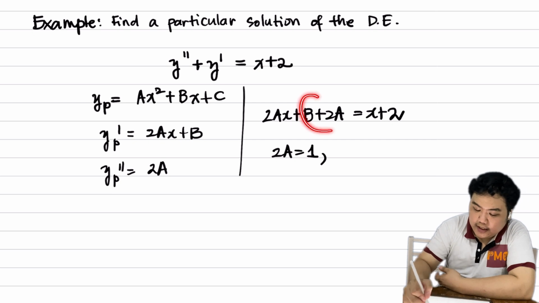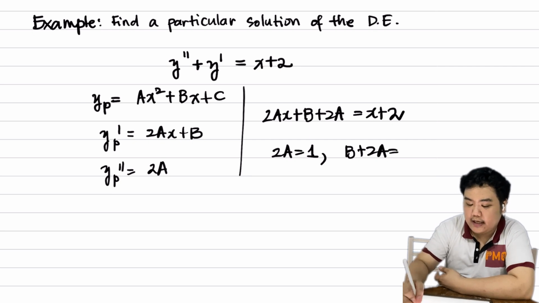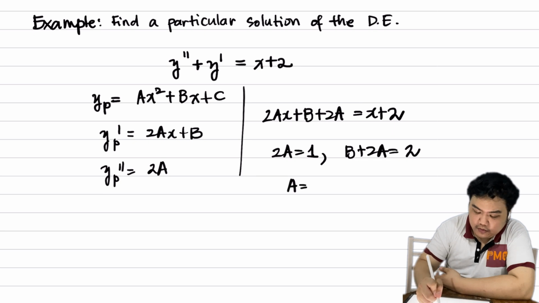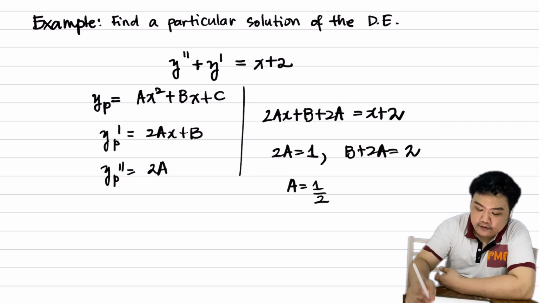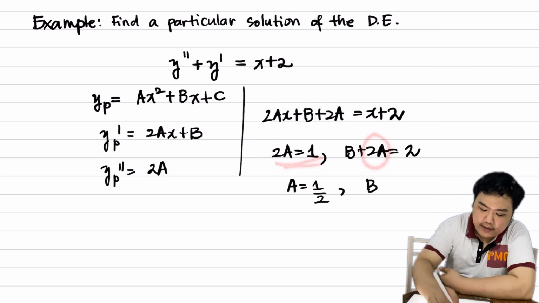Tapos yung mga constant, ito yung constant mo. b plus 2a equal to, yung constant sa right, which is 2. a equal to 1/2 from this one. B ay 2a is 1 given by this.